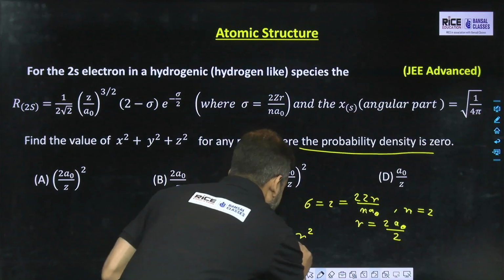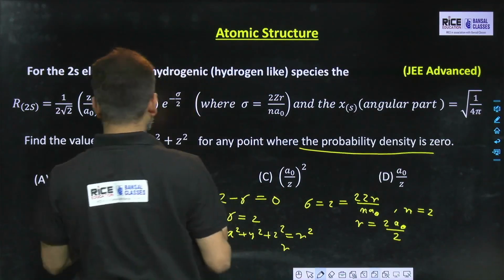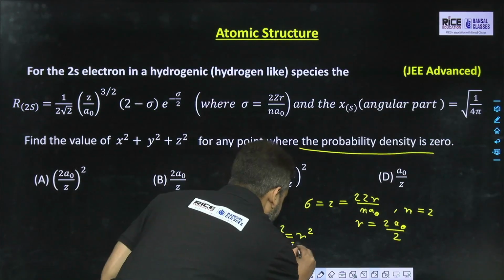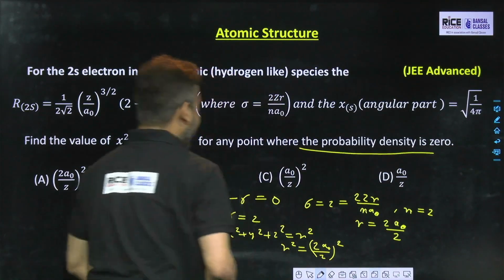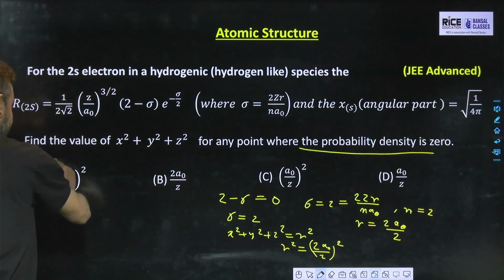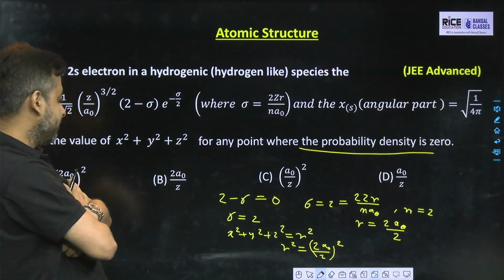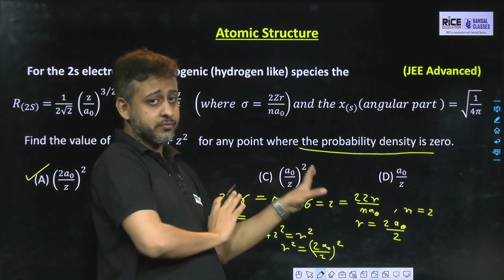So the value of r square will be (2a naught by Z) square. So this is the answer, and option A is the correct option for this question.